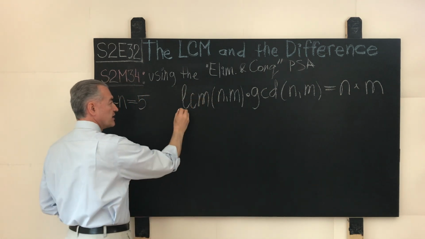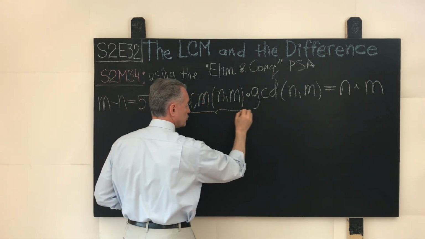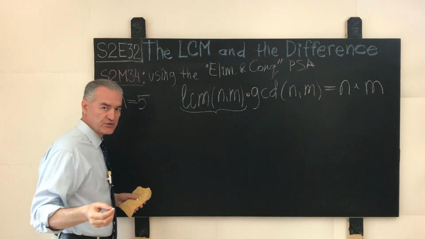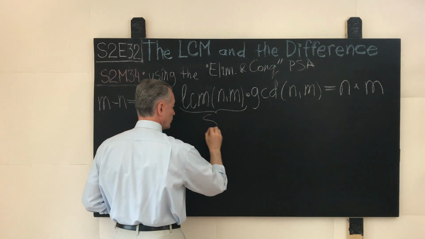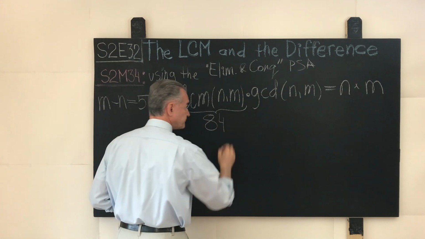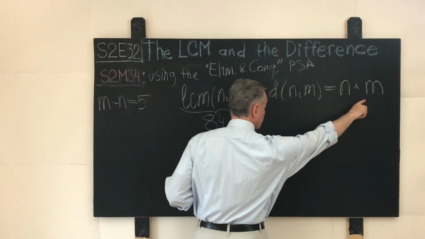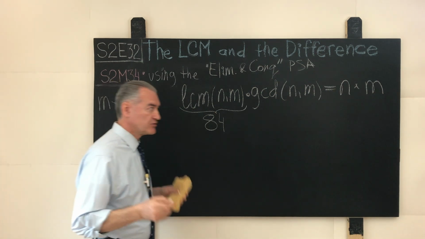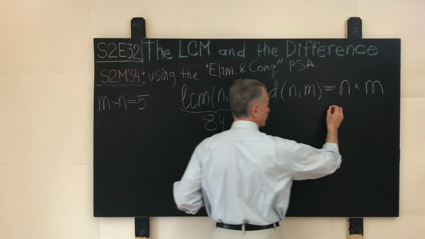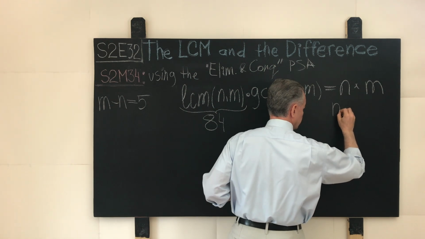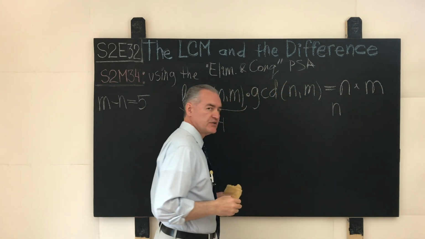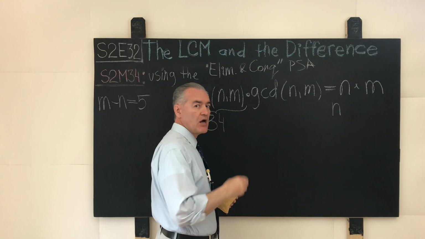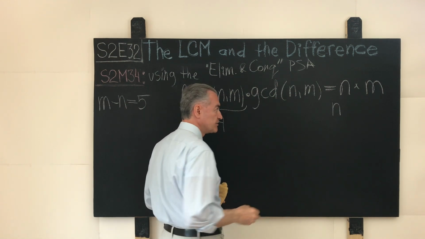Now we know that the LCM of the two mystery whole positive numbers is what? 84. We're told as much at the beginning. Then over here we're told that the difference between the two whole positive numbers is 5. So to be thorough, let's say in the first case the whole positive number n is larger than its buddy.